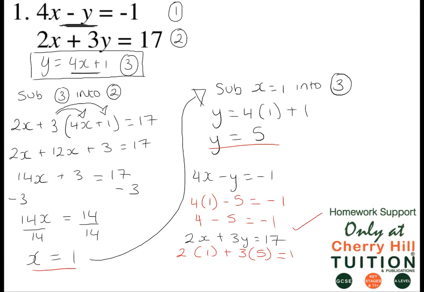This should be equal to 17. So that's 2 plus 3 multiplied by 5, which is 15. So 2 plus 15 is definitely equal to 17. So our answer is correct. Okay, so it's a very good way of checking if your answer is correct. Now pause this video and try this question again on your own without looking at my working out to check if you get the right answer.